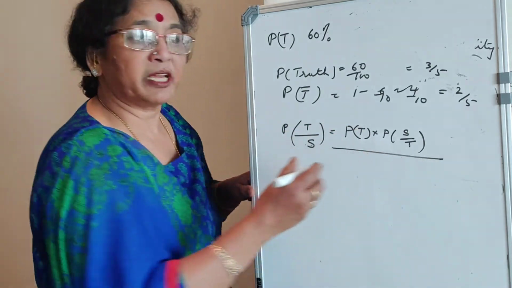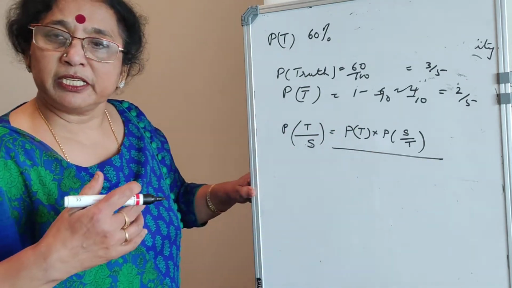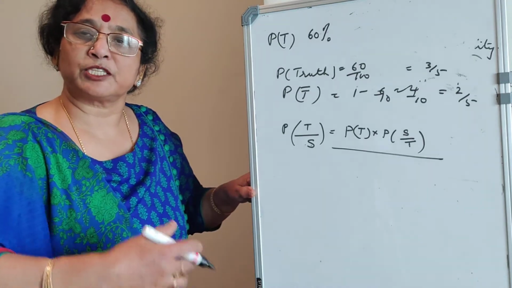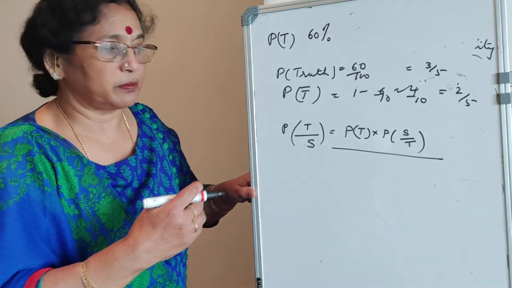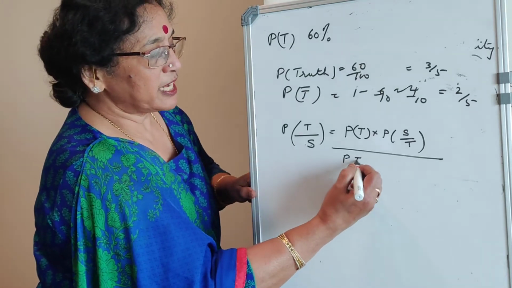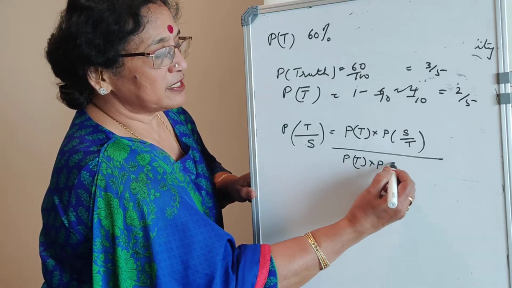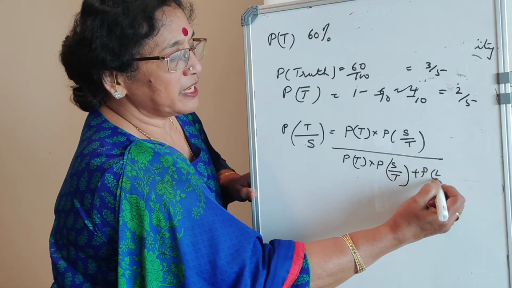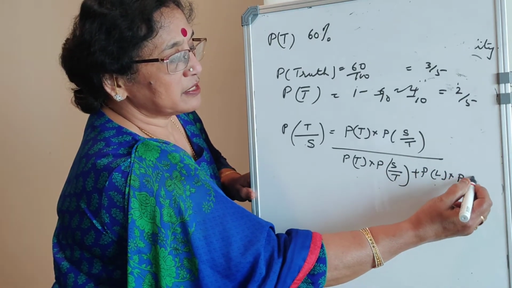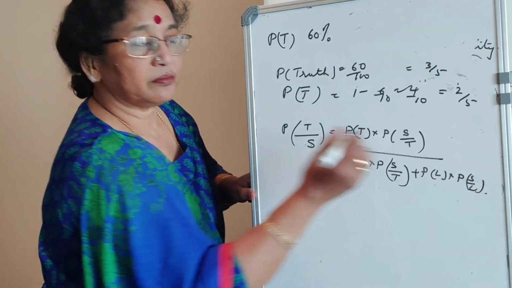And what will be the denominator? The total probability of falling of a 6, whether it's a true statement or a false statement. So probability, same thing you repeat, it's a 6 and you're speaking the truth, plus probability you're lying, and it's a 6 and you're lying.